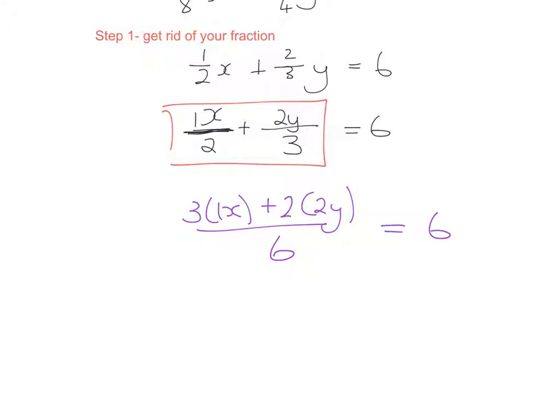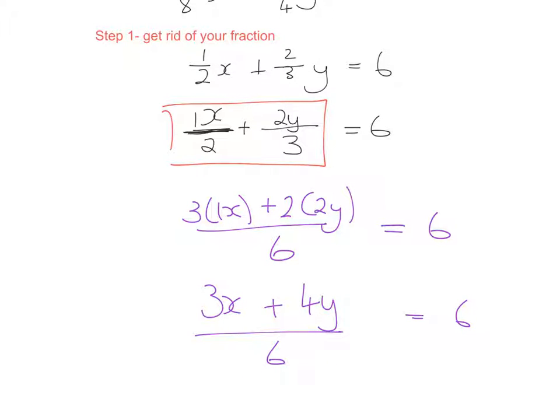Okay, let's just work out the brackets on this top line. Now I have 3 times 1x is just 3x, plus 4y, so the 2 by the 2y gives me 4y, all over 6 equals 6. So this is definitely something I can work with now. I have 3x plus 4y divided by 6. It would be very handy to get rid of this divide by 6.